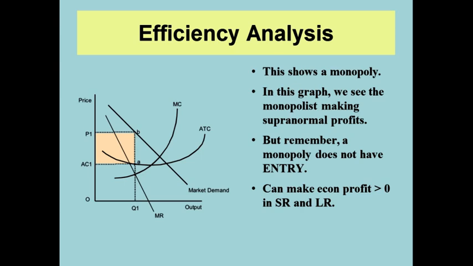So we don't have to make the same distinction as with perfect competition. So if this monopolist made supernormal profits in the short run, they would likely make those same supernormal profits in the long run because nobody can enter and compete those supernormal profits away. All right, again, that should be review as well, but I want to make sure you understand that point.